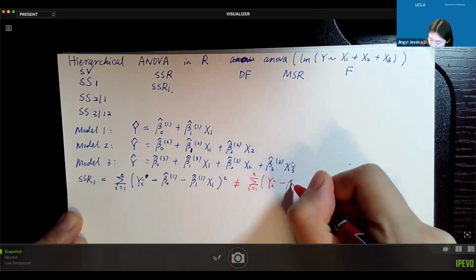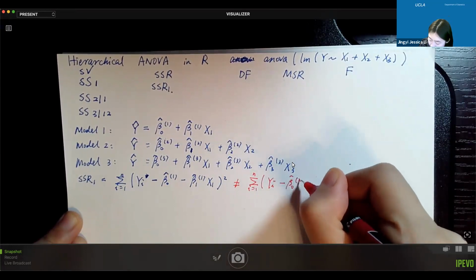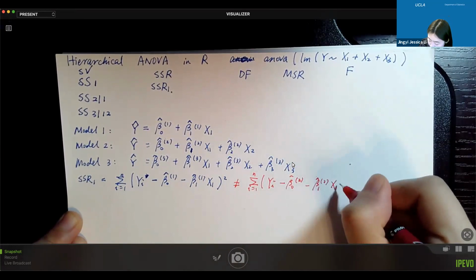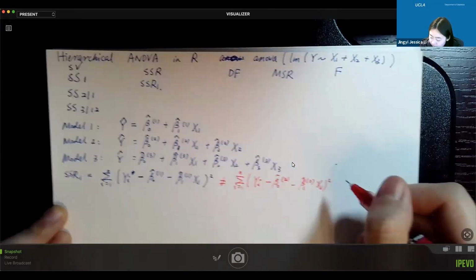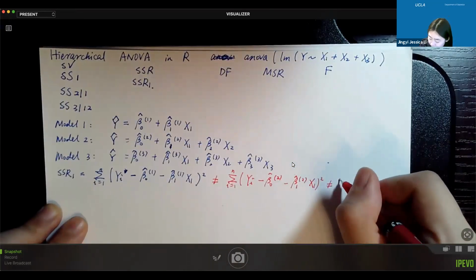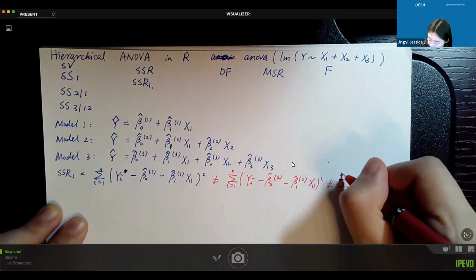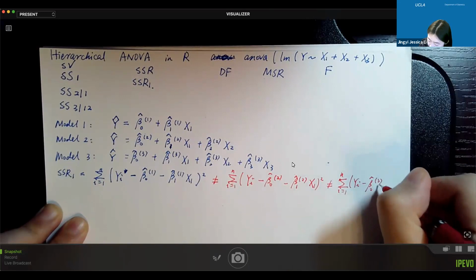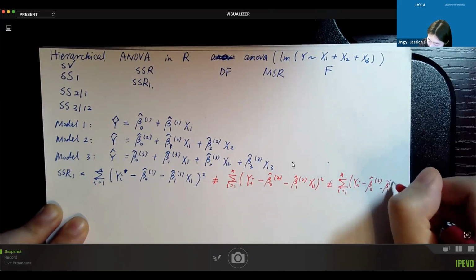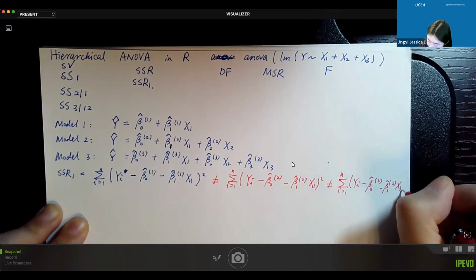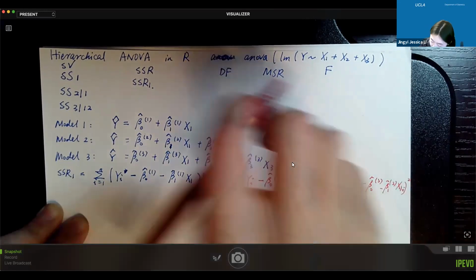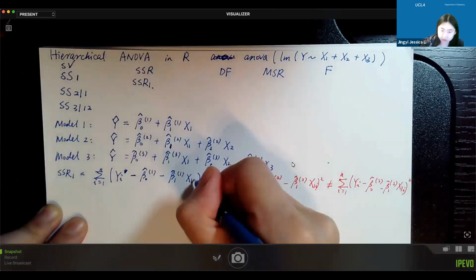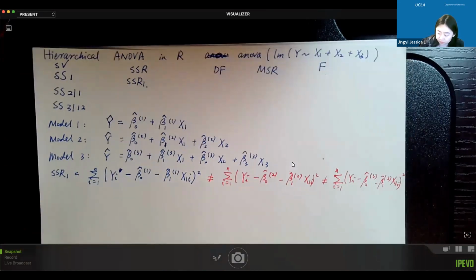It's not equal to the second one, or it's not equal to the third one: yi minus beta 0 hat 3 minus beta 1 hat 3 x1i. I should put x1i here and x1i here. Yes, so that would be the SSR1.